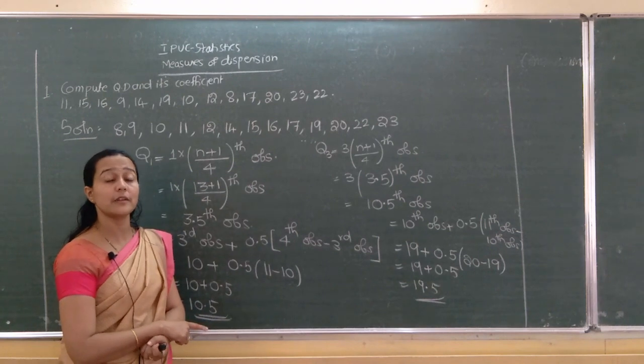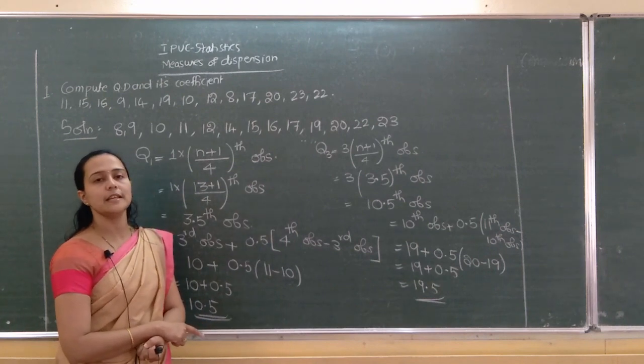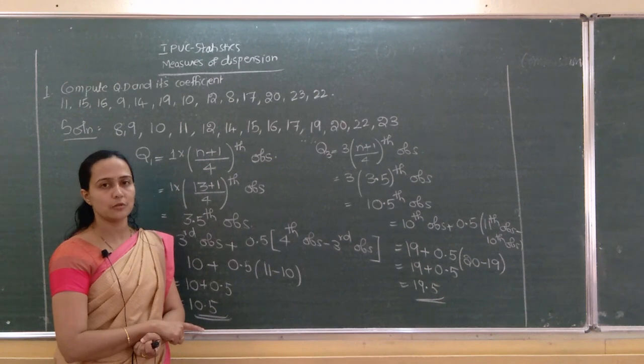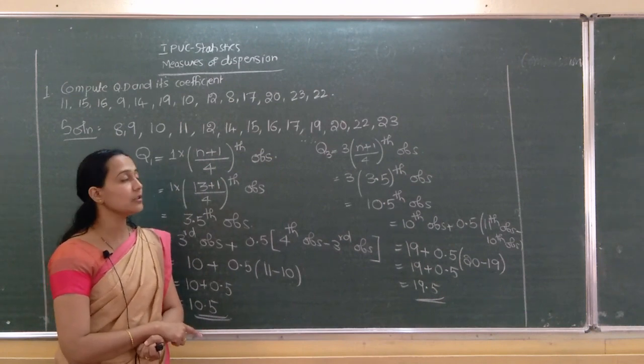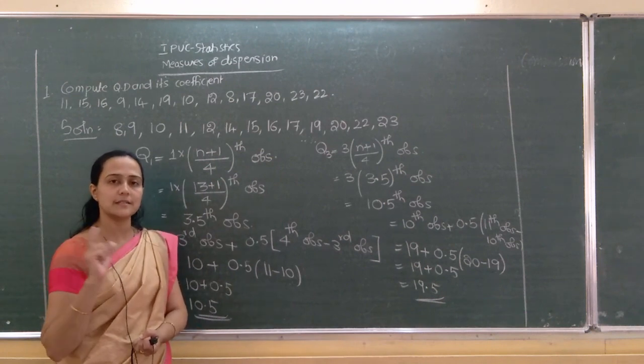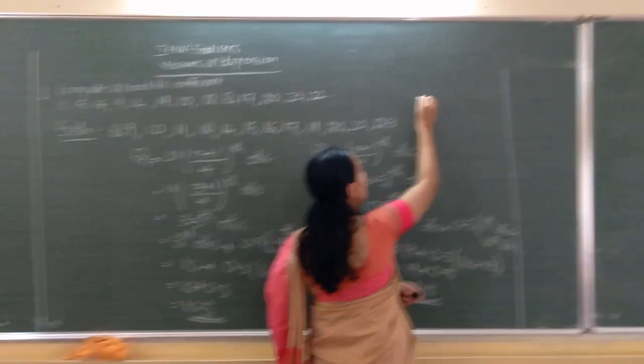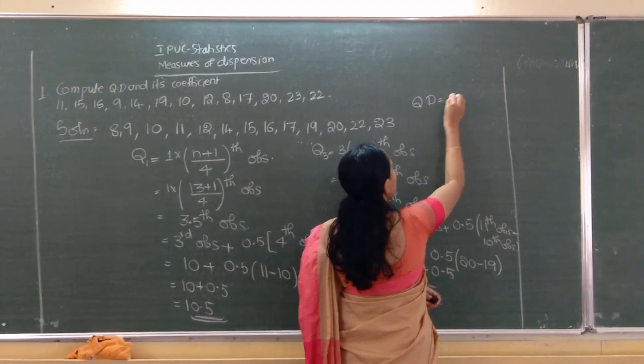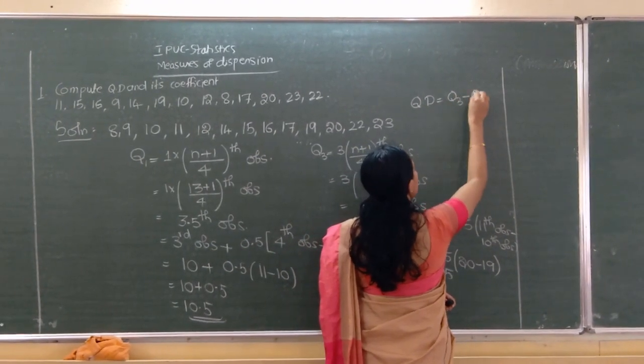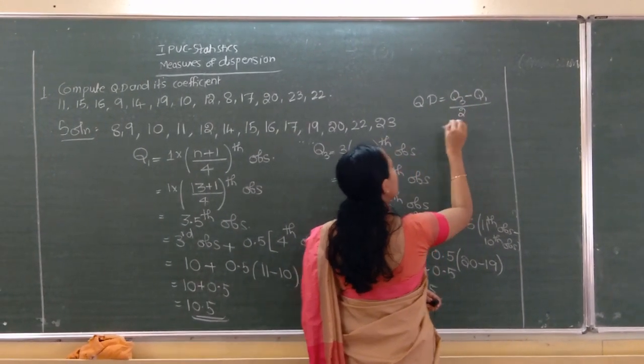What is the formula to find QD? Yes, QD equals Q3 minus Q1 divided by 2, and coefficient of QD is Q3 minus Q1 divided by Q3 plus Q1, isn't it? So, QD equals Q3 minus Q1 divided by 2.